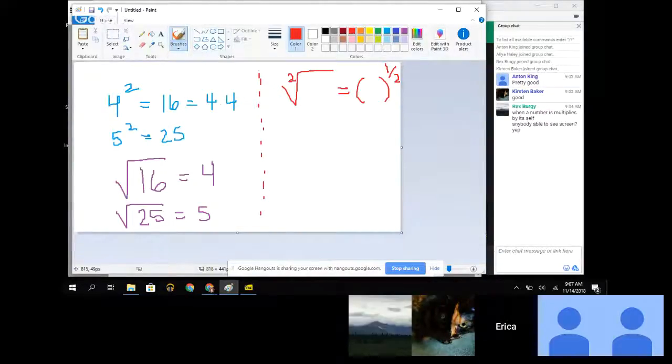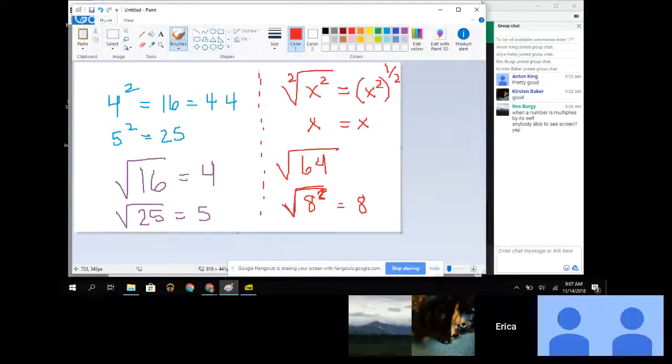So if you have x squared and take the square root, it's just going to equal the base number. So the square root of 64 is 8 squared, and basically the square root undoes the square, and you're left with 8.